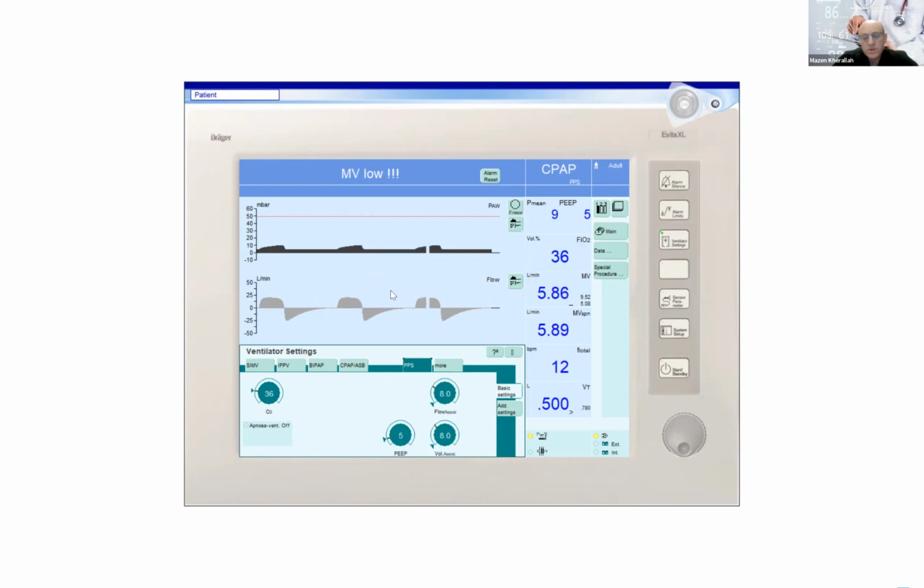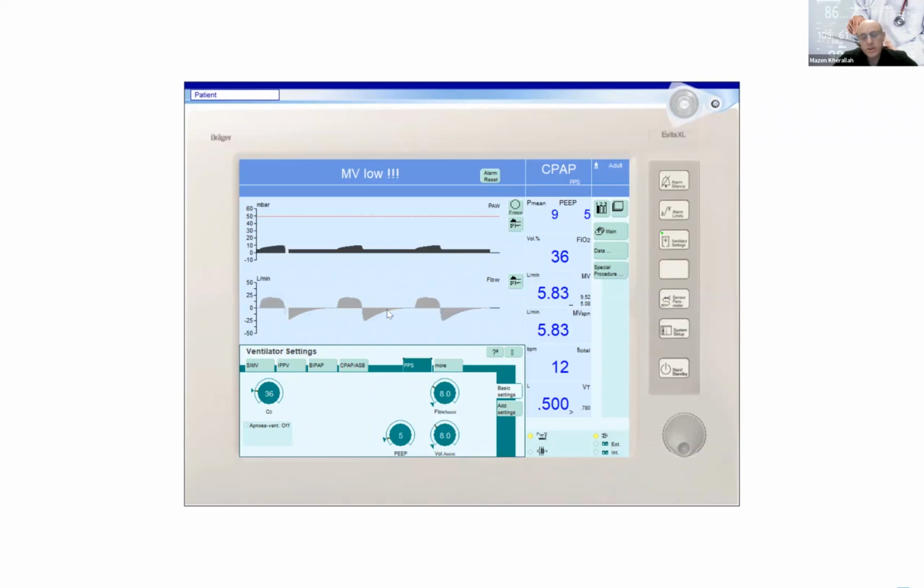And always when you set this mode on the machine, you need to look at the work of breathing. And of course, this mode is only applied in patients who are able to trigger the ventilator, so only if the patient is able to breathe spontaneously on his own.